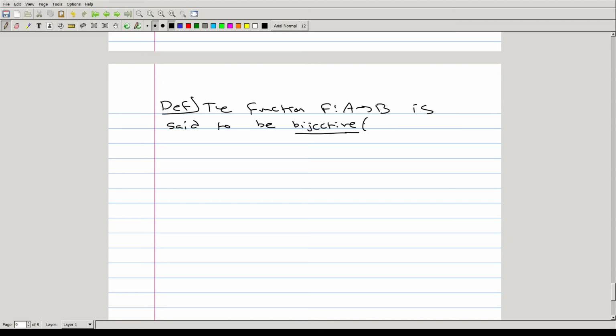This is also known as a one-to-one correspondence if and only if it is both injective and surjective.